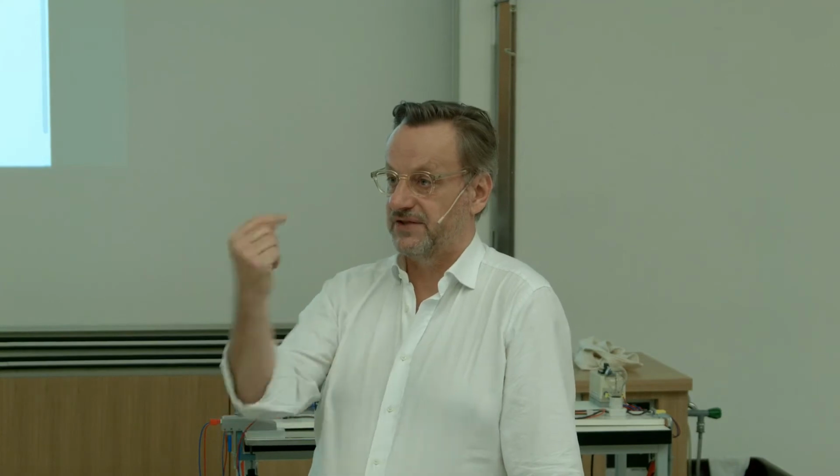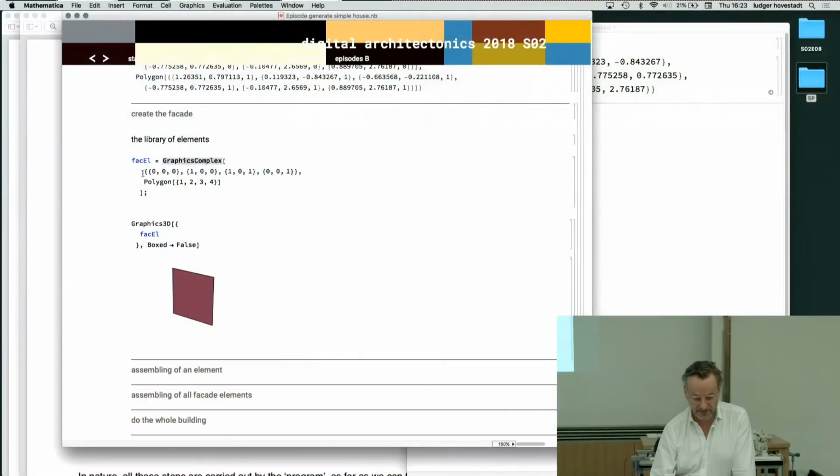But you have discretized elements for the facade, and they should be all the same. Therefore, we need a library for that. So this is a design object. Here we have a graphics complex, the coordinates 000, 100, 011, and so on. Make that a polygon from point 1 to 2 to 3 to 4 to 1.